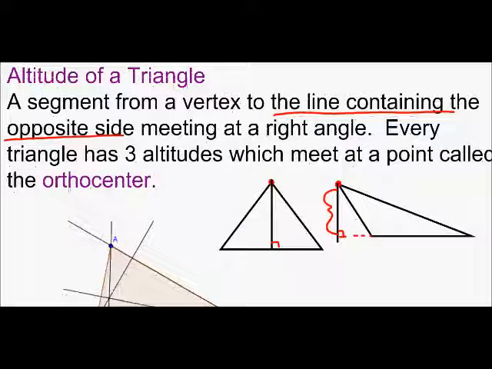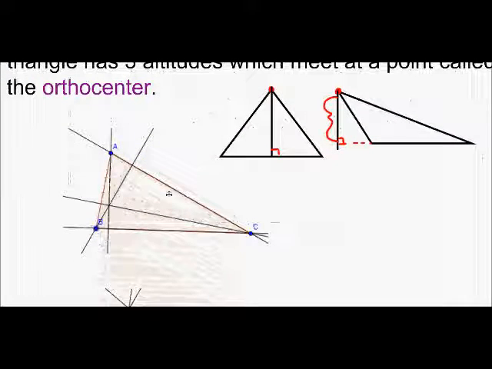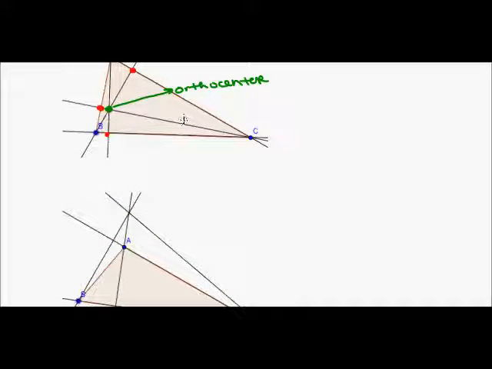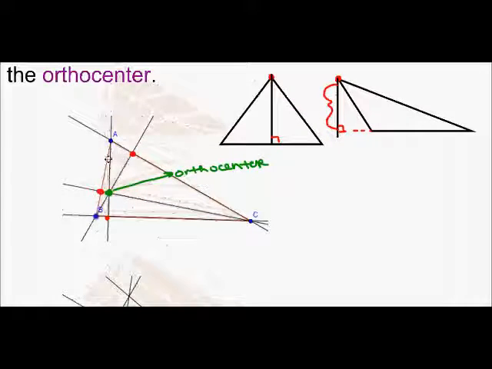Every triangle has 3 altitudes. They meet at the orthocenter. You can see here I have triangle ABC, that's in pink, and I have my 3 altitudes: from A to here, B to here, and C to here. This point that I'm going to put in green is the orthocenter, and that orthocenter is inside the triangle.